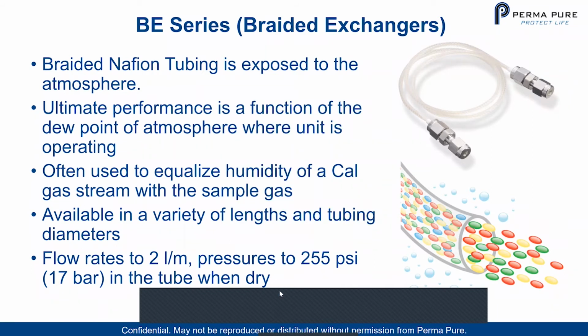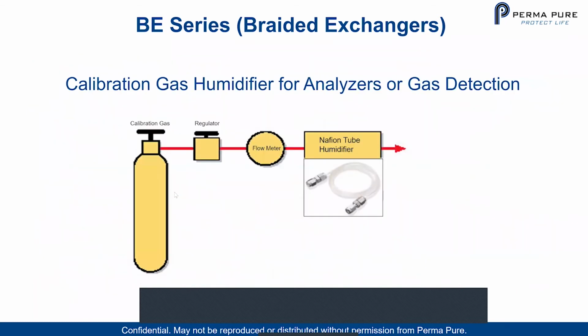The product is available in a variety of lengths and tubing diameters, and we have flow rates to 2 liters per minute and pressures up to 255 psi, 17 bar in the tube when dry. So here's a very common application for these, which is calibration gas humidification for analyzers or gas detection.